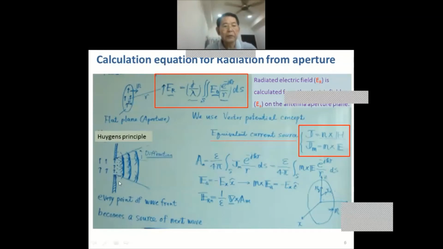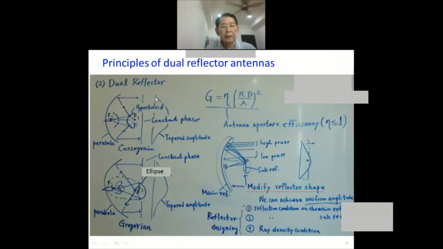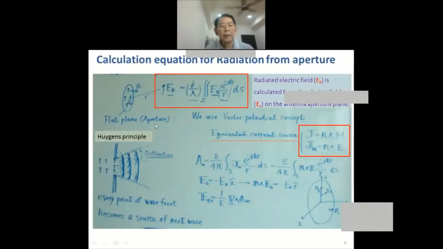Similar to this concept, this aperture antenna has electric field in front of the aperture, distributed on the antenna aperture. Then the radiation at a distance from the aperture, ER, is expressed by this integral equation.